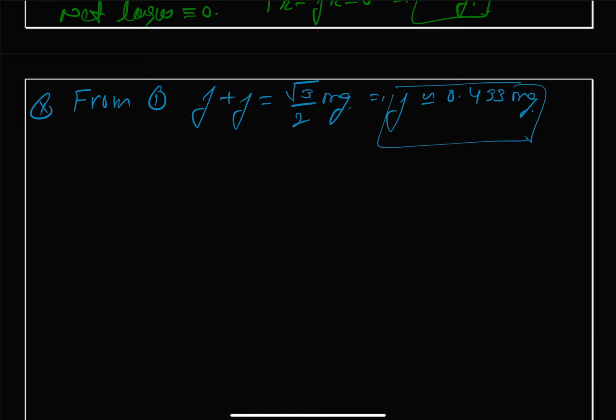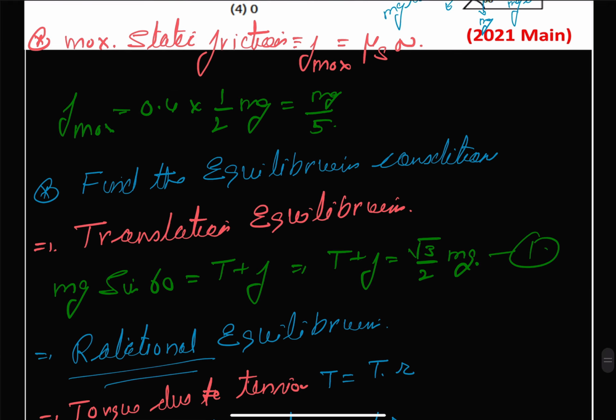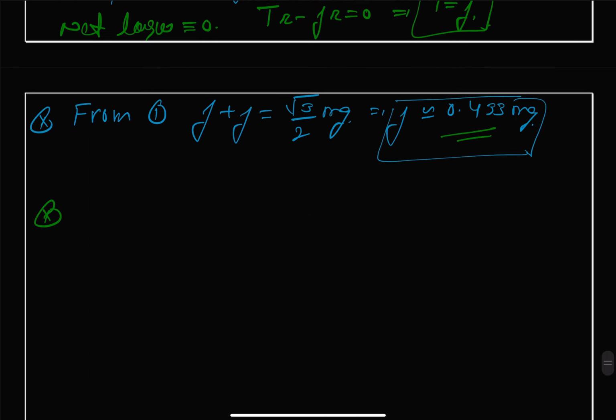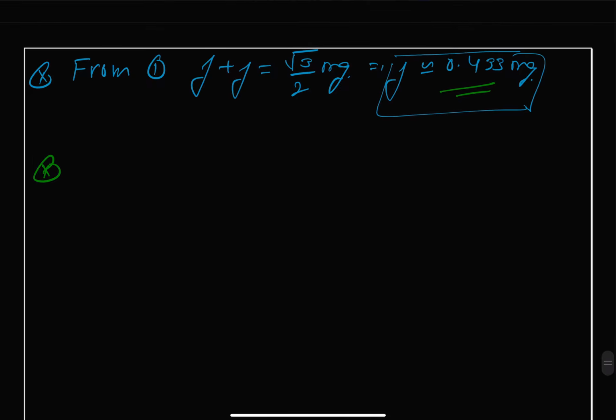So let us check the feasibility, because we have two values of friction. One is 0.433 times mg and the other one is the maximum friction, that is 0.2 times mg. So only one value of friction we have to take. So let us check the feasibility.